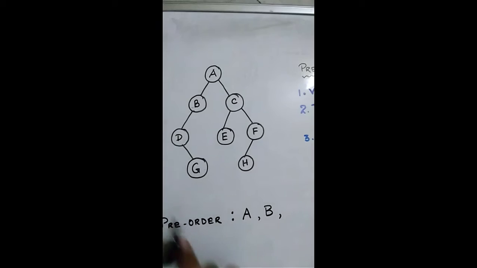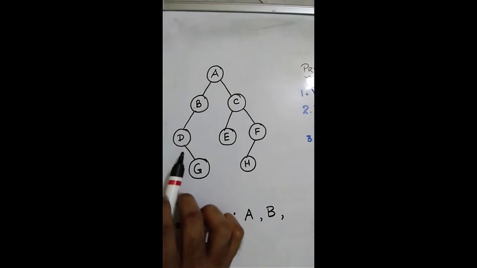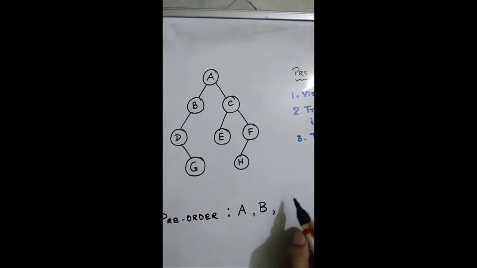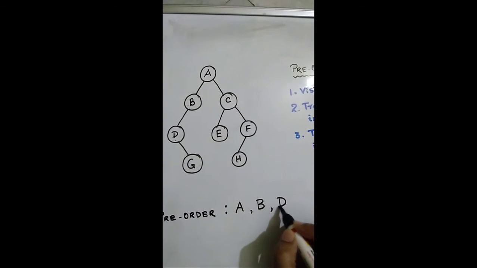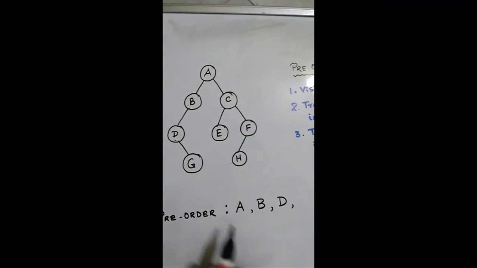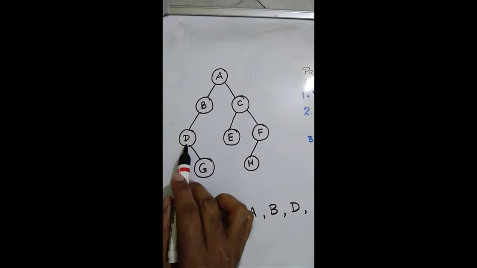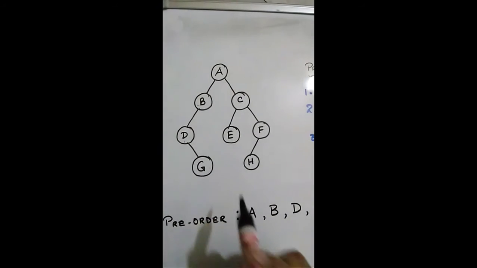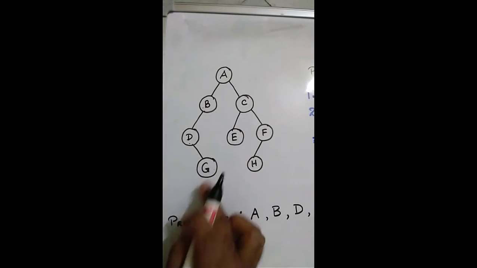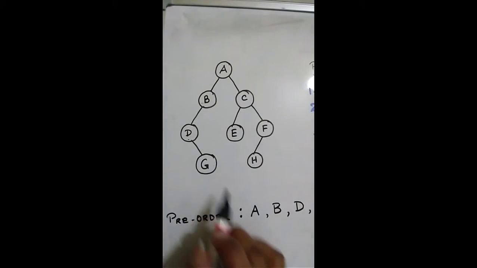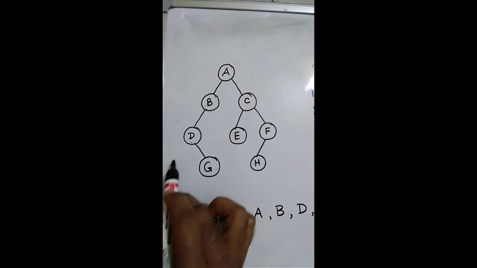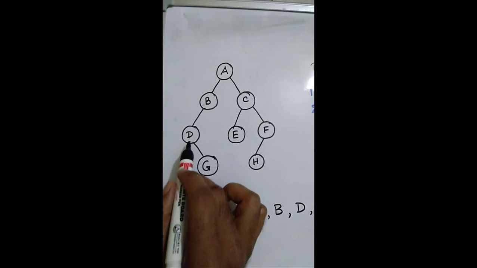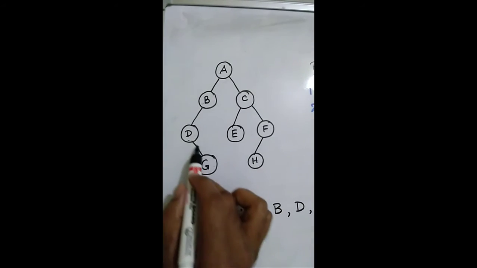If we move towards left, we find D. So again, visiting the node D, we will print the node D. After that, we are going to find the left and right child of D. Now as there is no left child of D, we start traversing towards right.